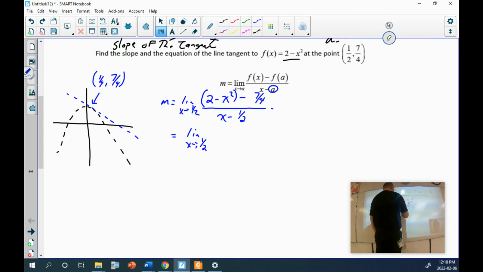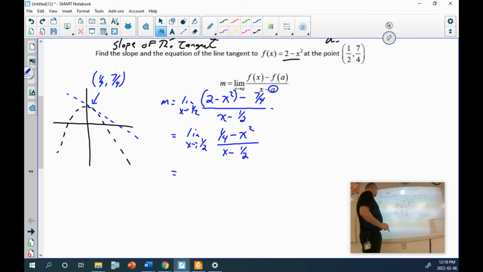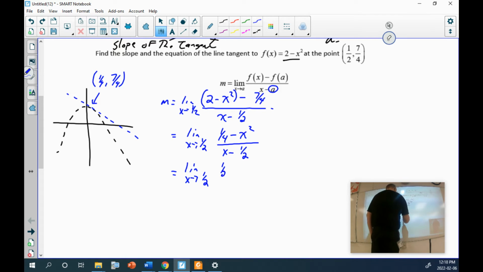So we have 1/4 minus x squared over x minus 1/2. I still can't evaluate because I'm going to end up with 0 on the bottom. So let's see, I've got factors up top. So the limit as x approaches 1/2 of (1/2 minus x)(1/2 plus x) over x minus 1/2.